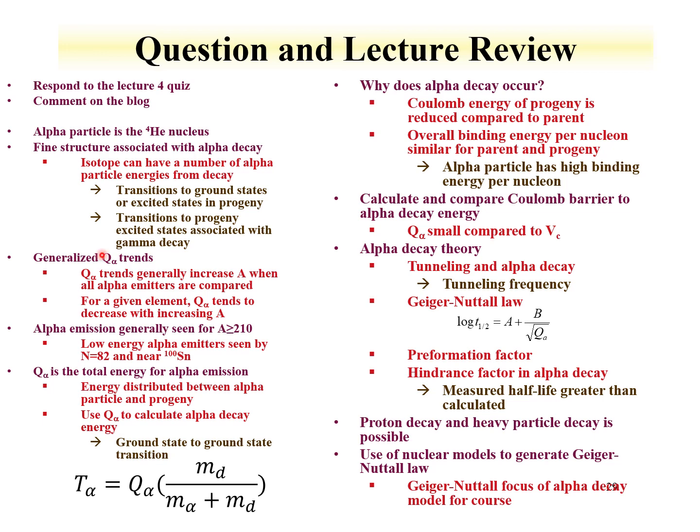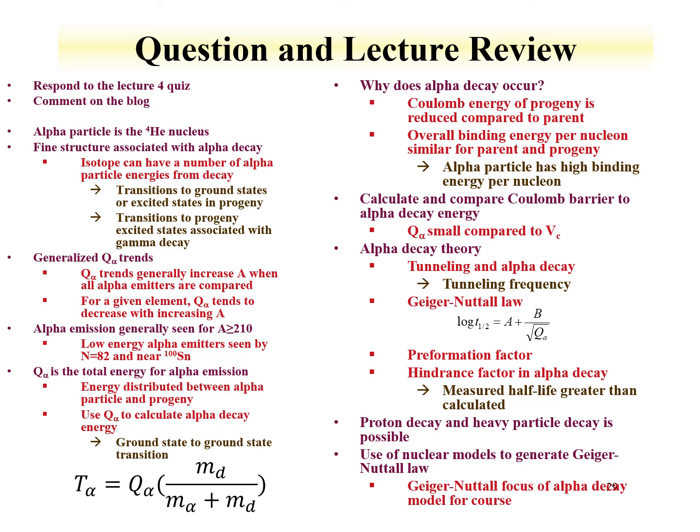You should be able to identify some generalized trends for the Q value for alpha decay. Generally speaking, the Q value increases in energy for A over all alpha emitters when they are compared. However, for a given element, the Q alpha tends to decrease with increasing A. Alpha emission is generally seen in the region where isotopes have an A greater than 210.